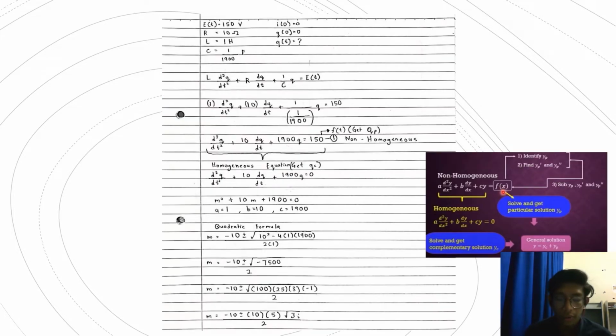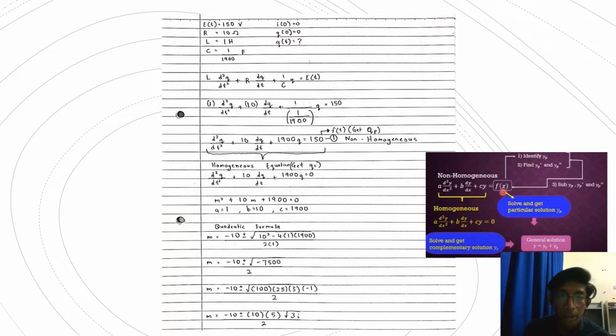So I will solve this question with this differential equation: L times d squared q over dt squared plus R dq over dt plus 1 over C q equal to E(t). So we change the values of L, R, C and E(t) according to the information given in the question.